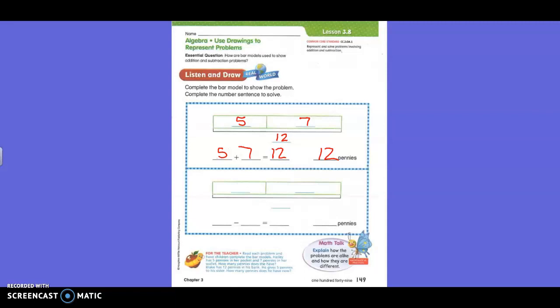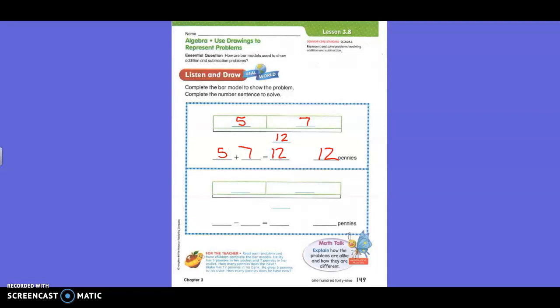A subtraction problem. So we're going to do this one on the bottom, right? Okay, now here's a tricky question. Don't get tricked. Where do I put the 12 then? He has 12 pennies in his bank.